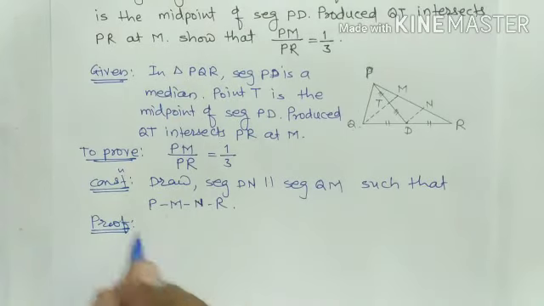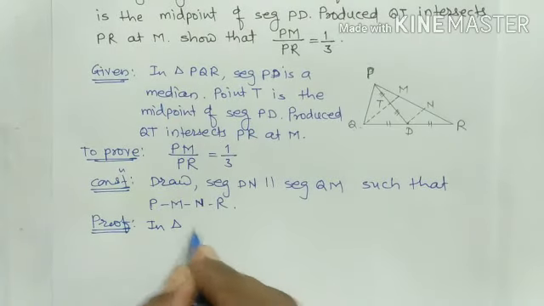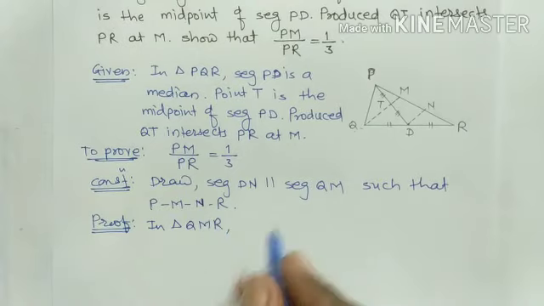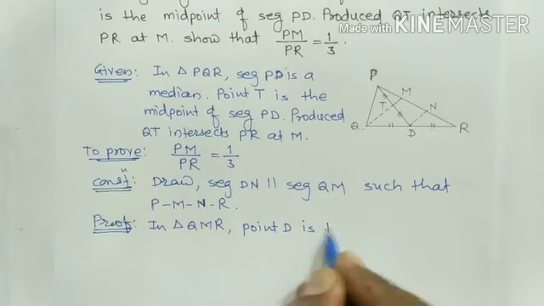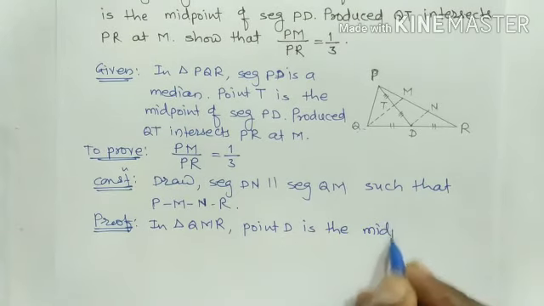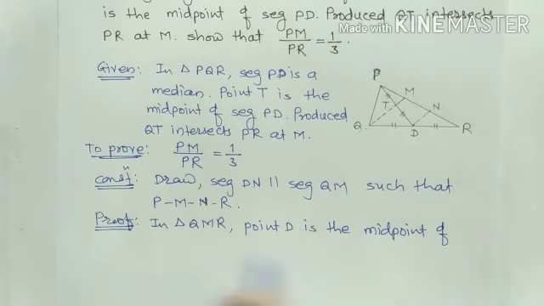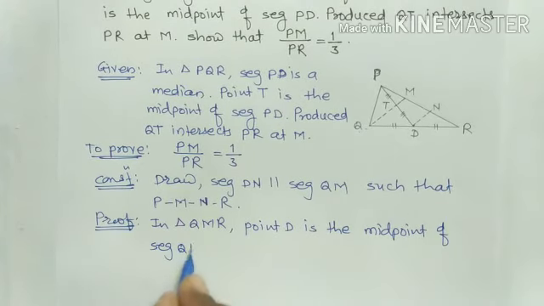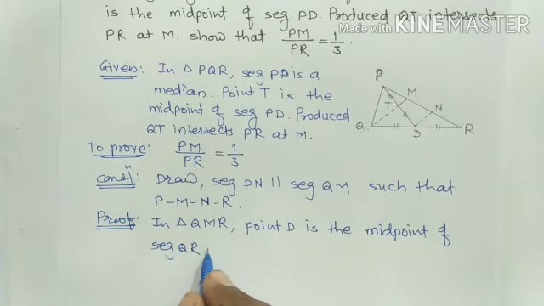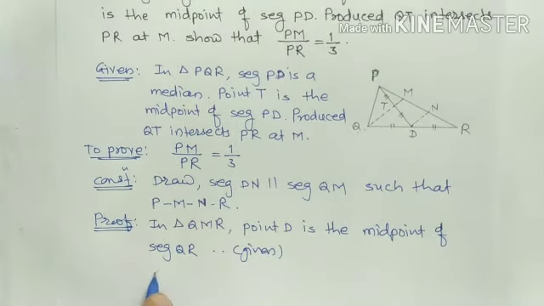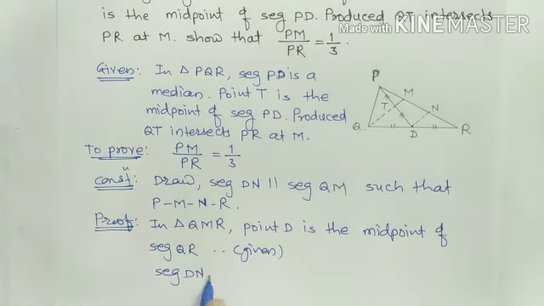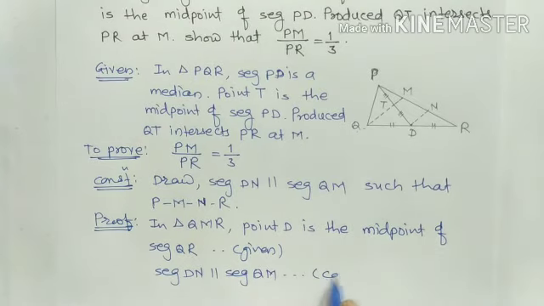See here, in triangle QMR, point D is the midpoint of segment or side QR. It is given, and segment DN parallel to side QM, this we have made in the construction.